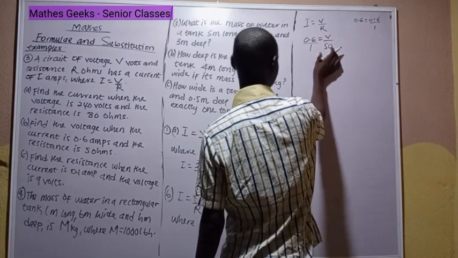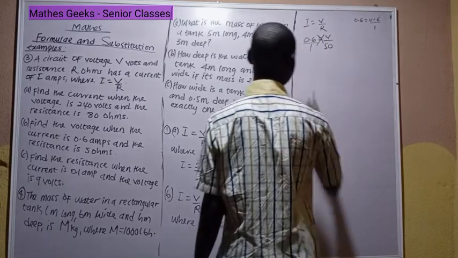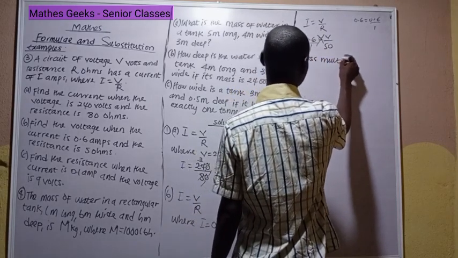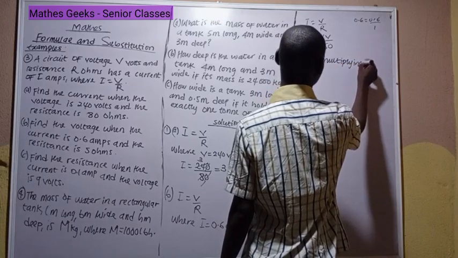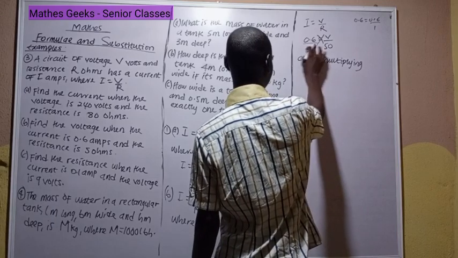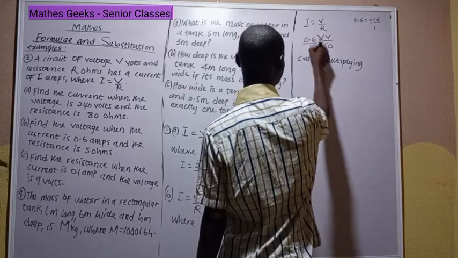Since this part is a fraction, we make this part a fraction, then we cross multiply. Or if you don't cross multiply, you can remove the fraction and then multiply both sides by 50, and it's solved.